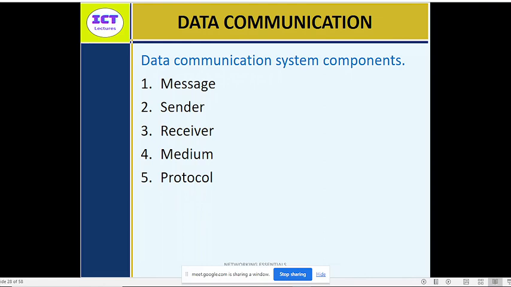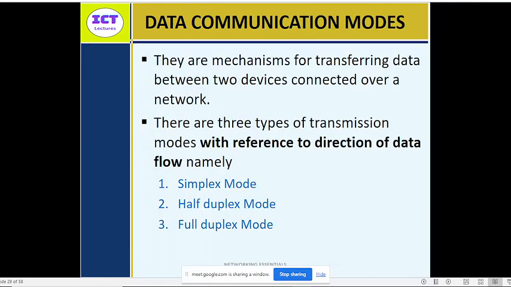Is it guided? And how are we going to ensure that proper communication happens? We need a protocol. A protocol is a well-defined framework of how devices communicate within a network. When communication happens between two devices, we also need to factor in the communication modes, right?